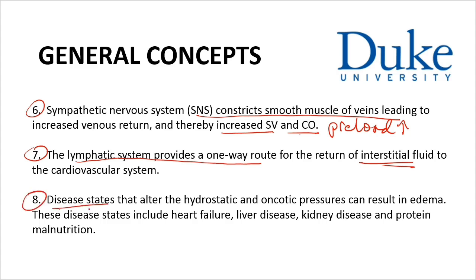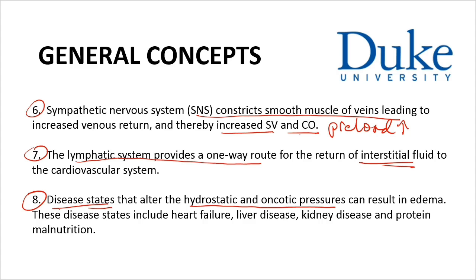And eighth, disease states that alter the hydrostatic or oncotic pressure can result in edema. If we have hypertension, it can generate edema by having the hydrostatic pressure high all the way across the capillary, so we're filtering all the way across the capillary. There are other states where the oncotic pressure can be reduced within the system, such as a problem with the liver. Let's say you have cirrhosis of the liver.